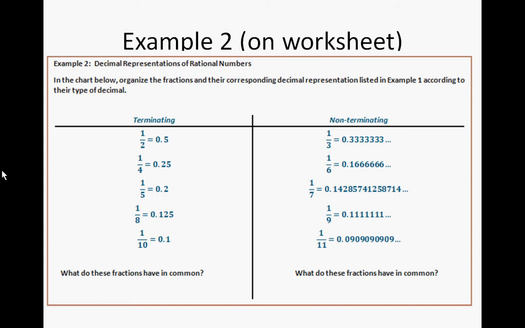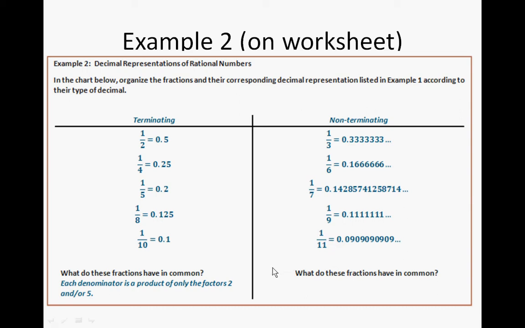These 5 fractions are terminating, and these 5 fractions are not terminating. So what do these fractions have in common? We're down here answering this question under terminating. Well, each denominator is a product of only the factors 2 and/or 5. So here's a 2, here's 2 2's, here's a 5, this is 2 times 2 times 2, and this is 2 times 5.